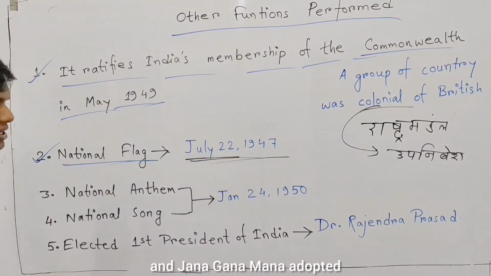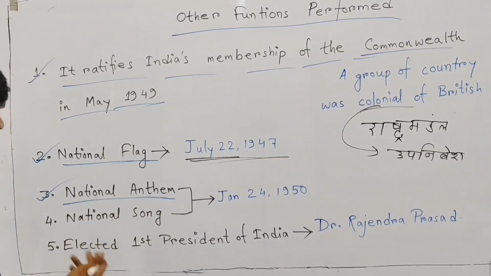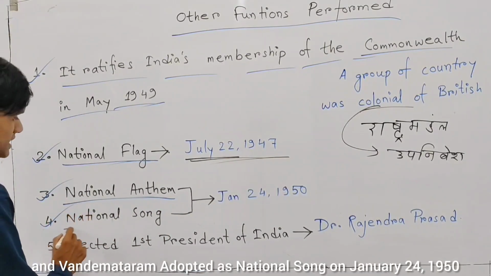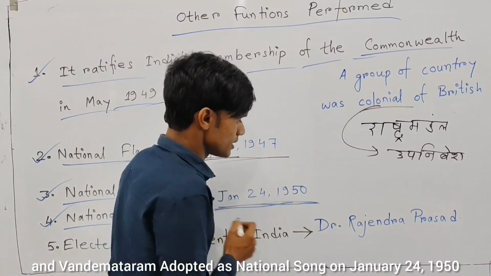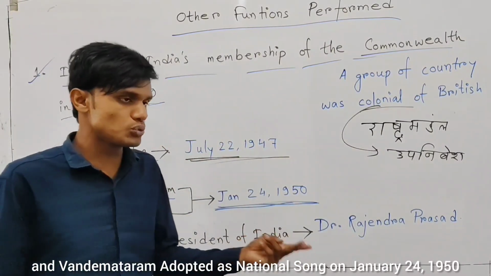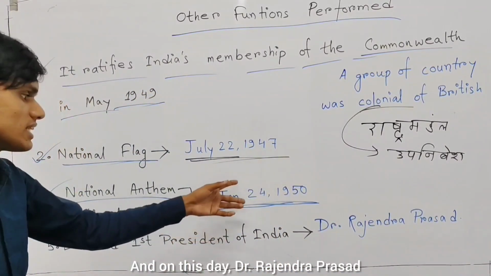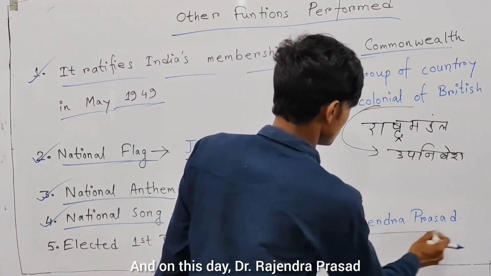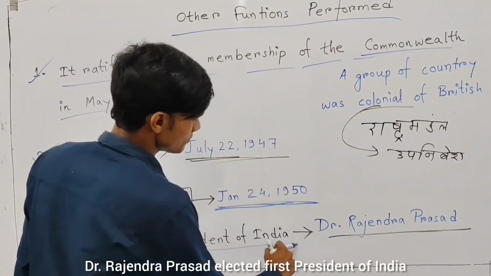Jana Gana Mana Adhinayaka Jaya He was adopted as the national anthem, and Vande Mataram was adopted as the national song on January 24, 1950, 2 days before celebrating Republic Day. And on this day, Dr. Rajendra Prasad was elected the first president of India.